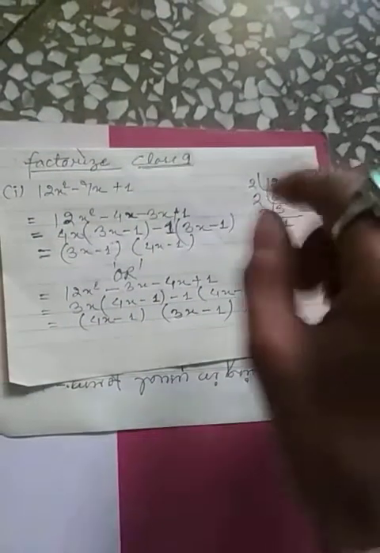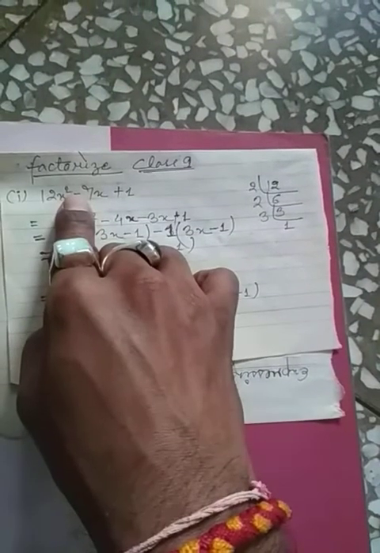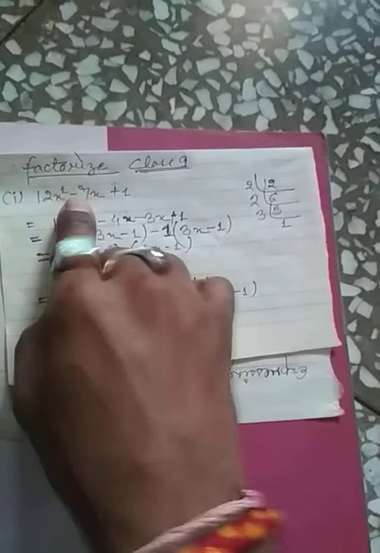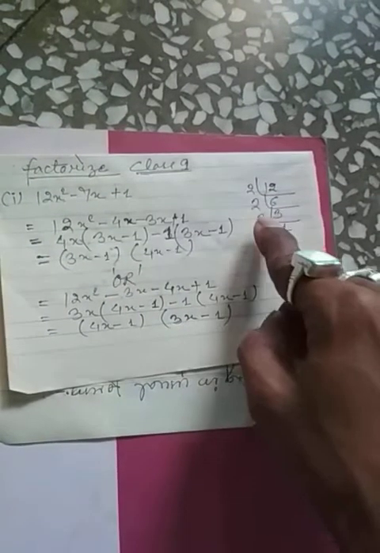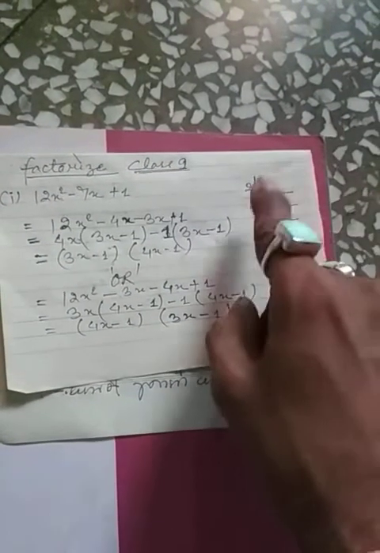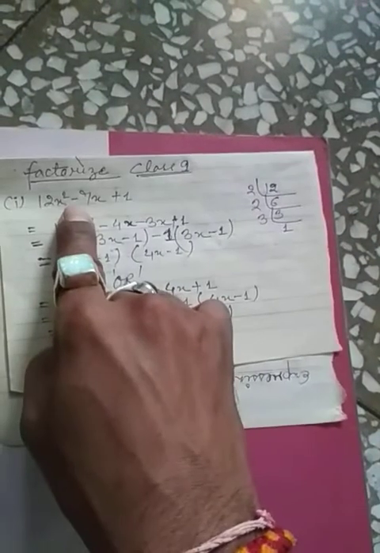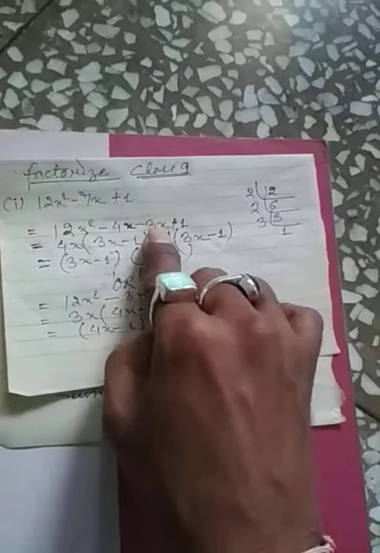Now the next thing is how to use the sign first. Here the sign is minus. If I say minus 4 and minus 3, you shall get minus 7x, which is all okay. So now we have minus 4x minus 3x plus 1.